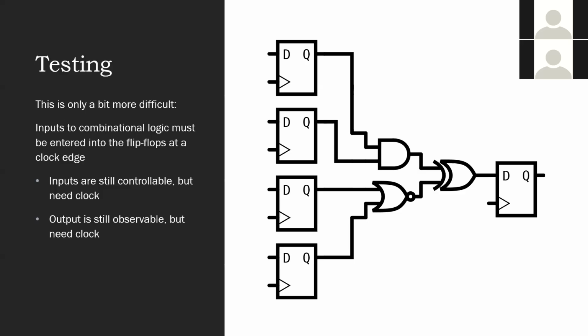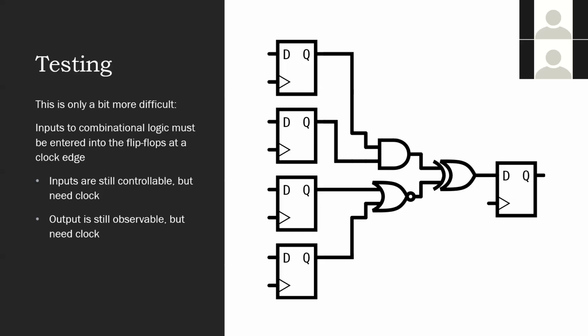After the clock edge comes to the flip-flops, those inputs will go to the outputs of the flip-flops, and those outputs are inputs to the combinational logic. So by applying inputs to the flip-flops and supplying a clock, I can get pseudo controllability on the inputs of the combinational logic. So I can still test this combinational logic quite easily.